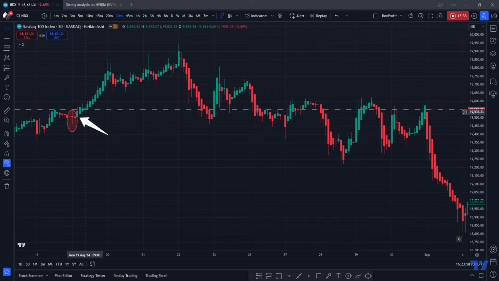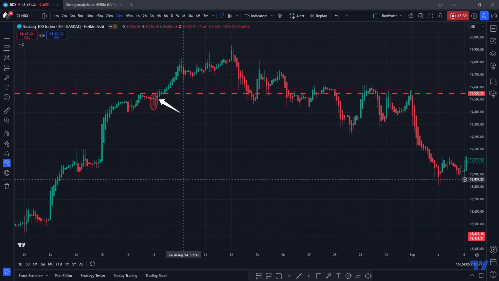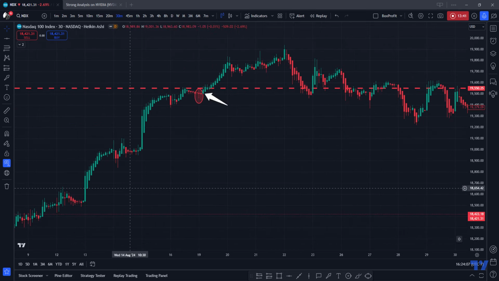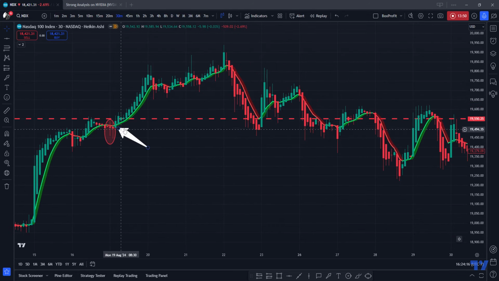So anyhow, let me show you one thing that I use in addition to these Heikin-Ashi candles. What I like to do, let me turn on my indicator. I have a very specific indicator here. This indicator is just a hull moving average.